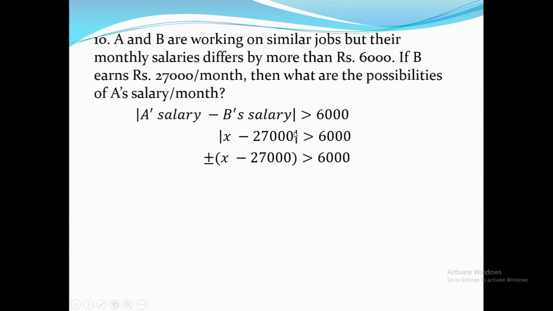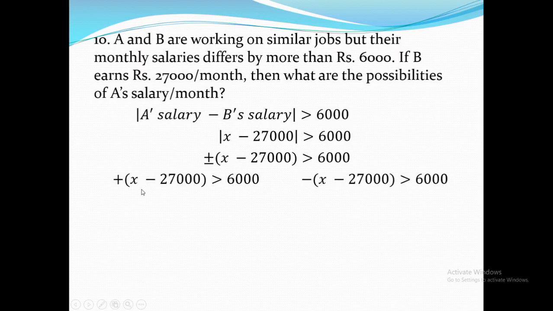When you remove modulus, what will happen? It is plus or minus. I taught you, isn't it? So we have two cases, that is plus, X minus 27,000 is greater than 6,000, or minus, X minus 27,000 is greater than 6,000. Right? So next statement, X minus 27,000 is greater than 6,000, and this side, when you bring this minus to the other side, the inequality changes.